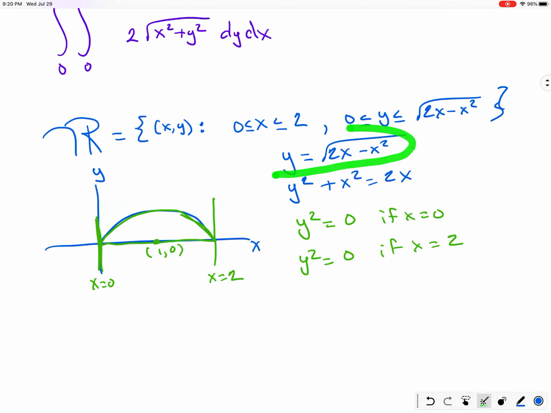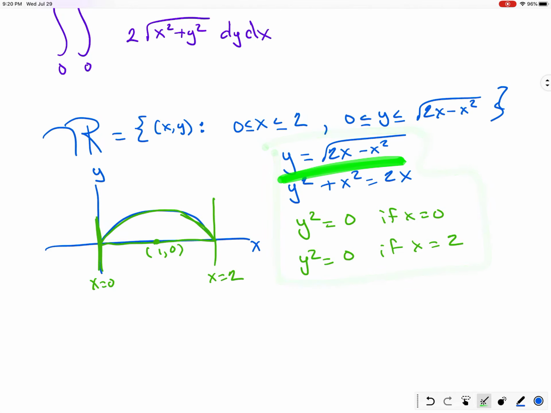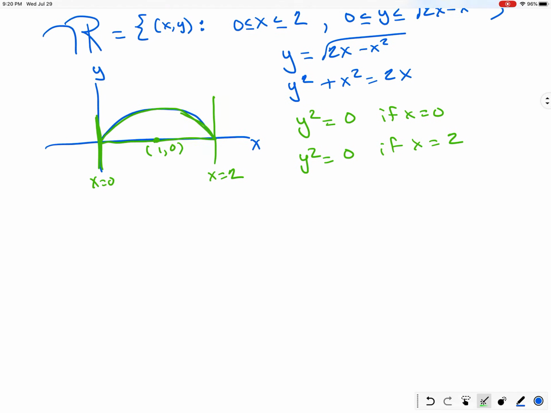By the way, I could take this and put it in a graphing calculator, and that would give me that picture. Then I would ask the calculator what y is when x is equal to 0, and it would tell me this, and what y is when x is equal to 2, and it would tell me that. So all of what I've done here, I could get from plugging this part into a graphing calculator, and I would get the same thing.